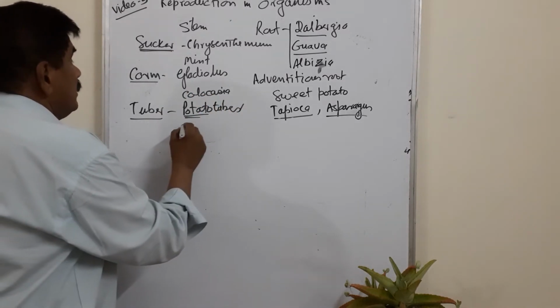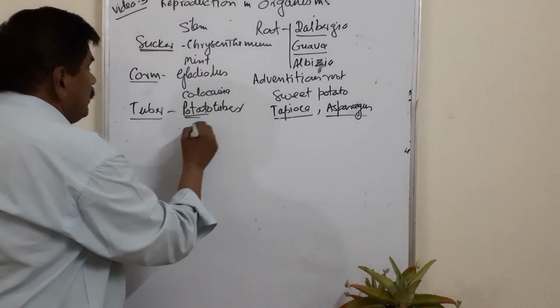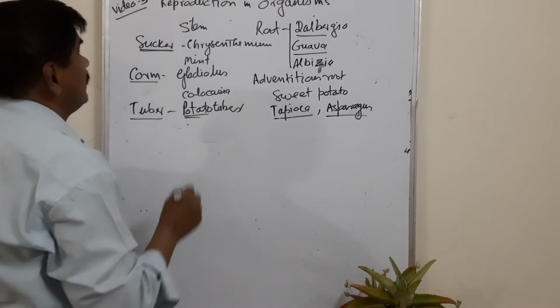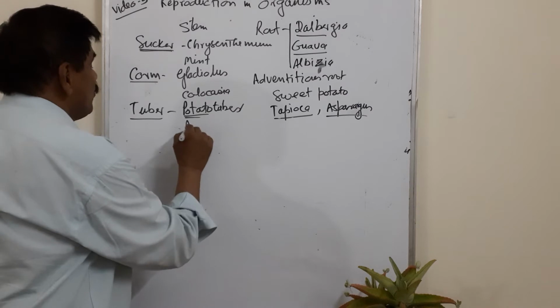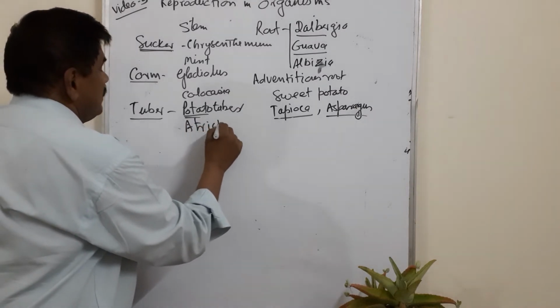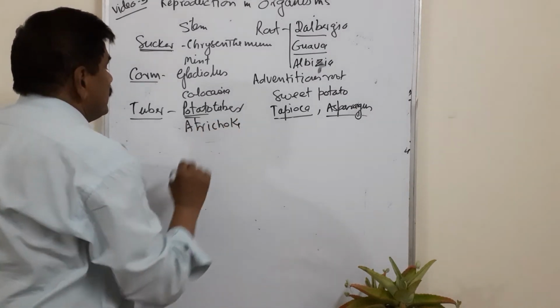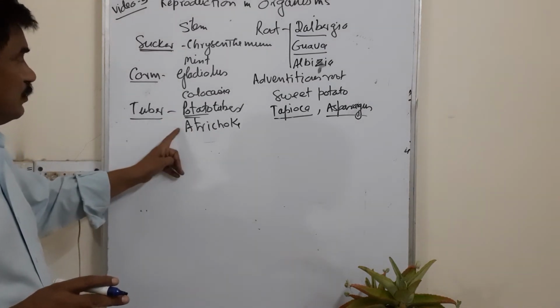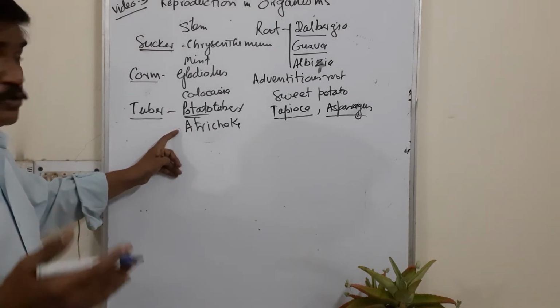Then also artichoke. These two plants are modified tuber. The stem is modified into tuber, and the tuber produces a new plant.